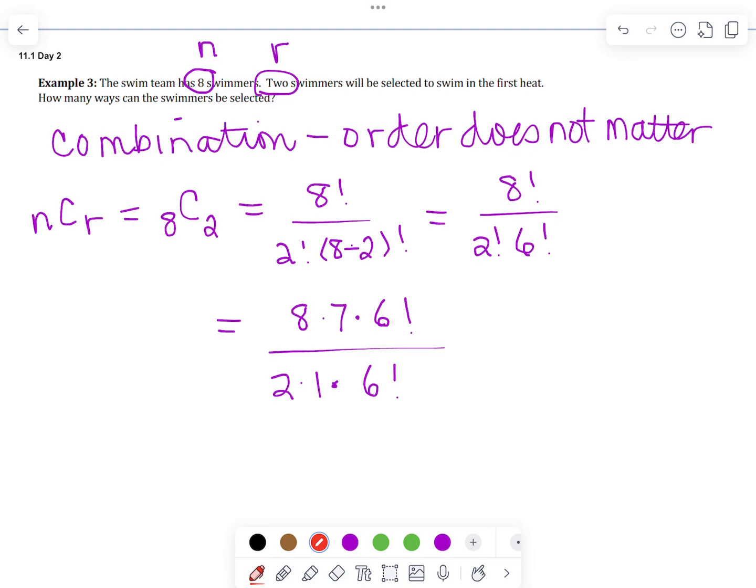Now we can cancel the common factor in the numerator and denominator, which is 6 factorial and 6 factorial. We multiply the numerator. 8 times 7 is 56. 2 times 1 is 2. And then we simplify. 56 divided by 2 is 28.